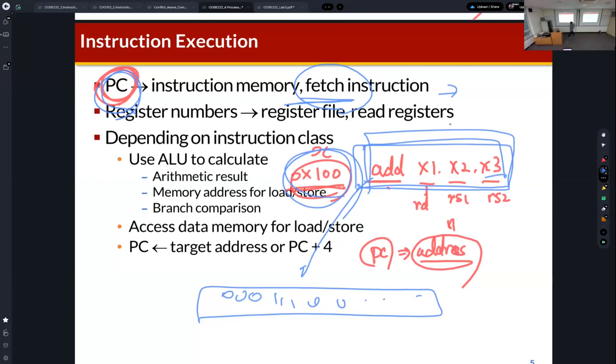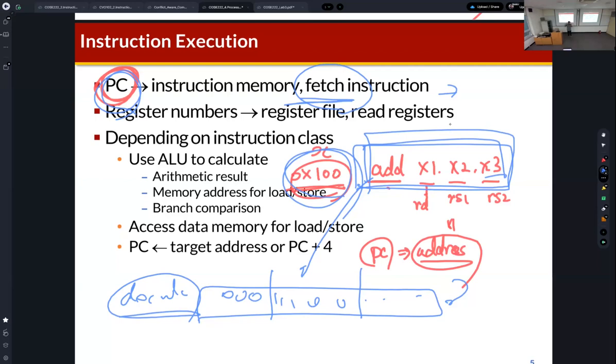So once this data is read from the memory, then we need to figure out which instruction is encoded. So firstly, the processor needs to decode. I mentioned that in encoding, the assembly instruction is translated into machine code.